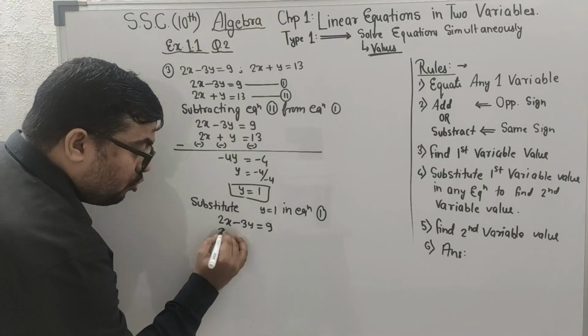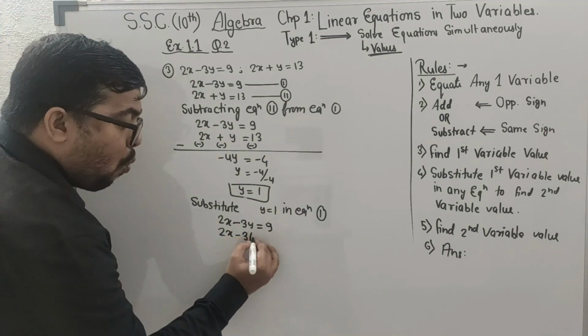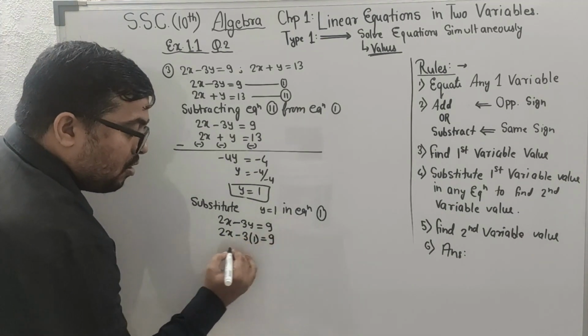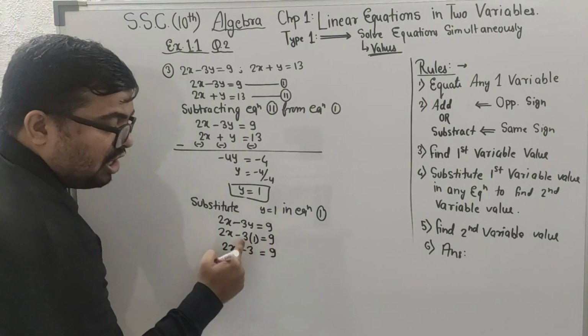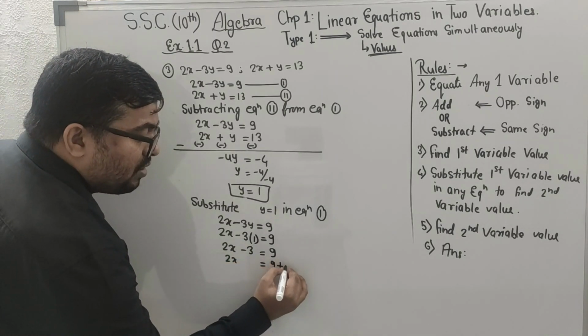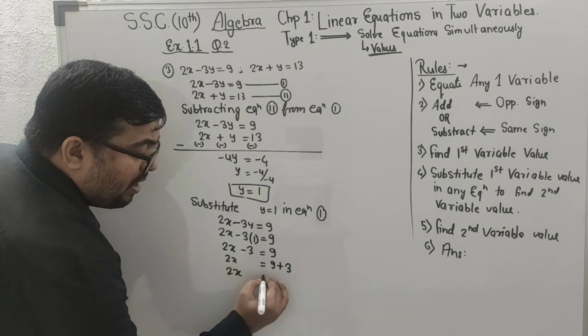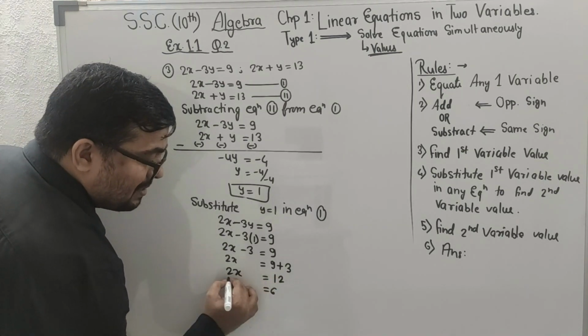Put the values. 2x minus 3 into the value of y. 2x minus 3 is equal to 9. 3 1s are 3. 2x is equal to 9 plus 3. 2x is equal to 12. x is equal to 6.